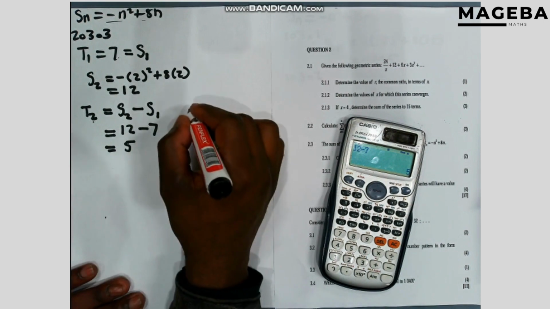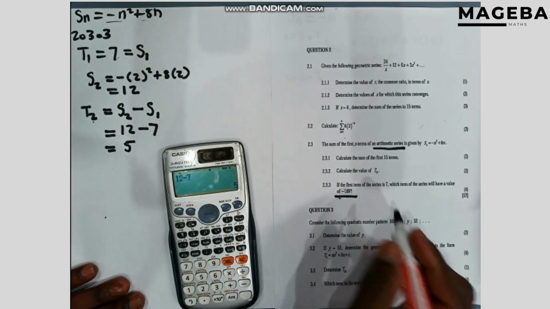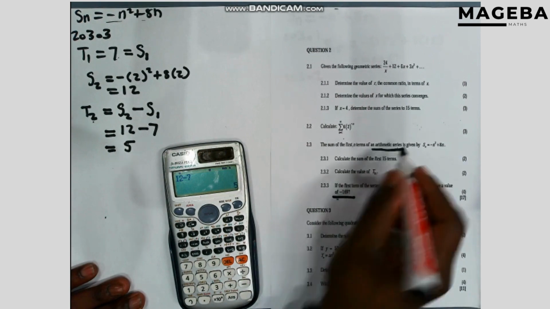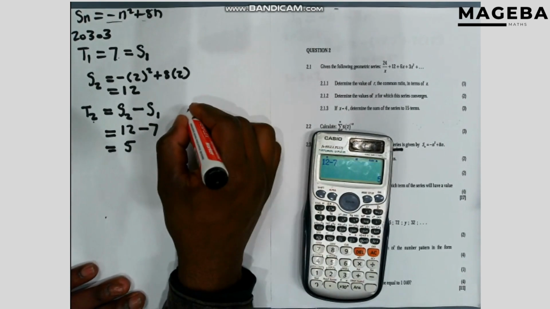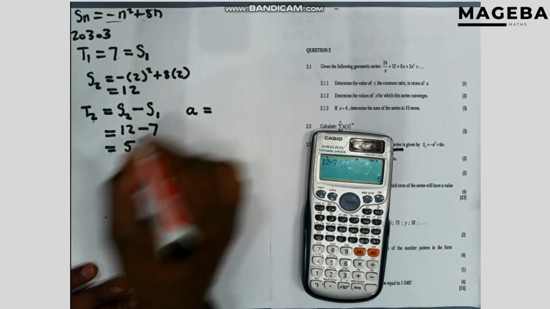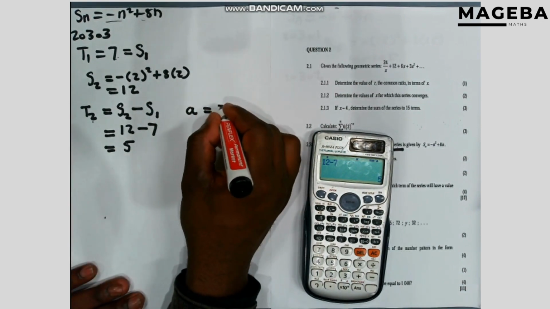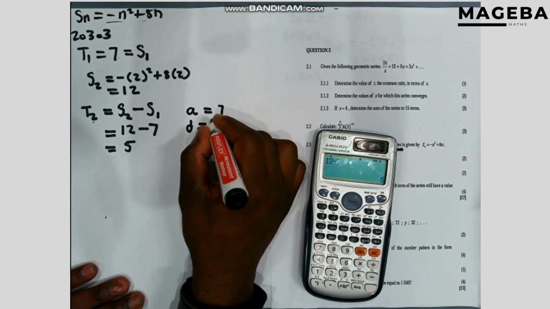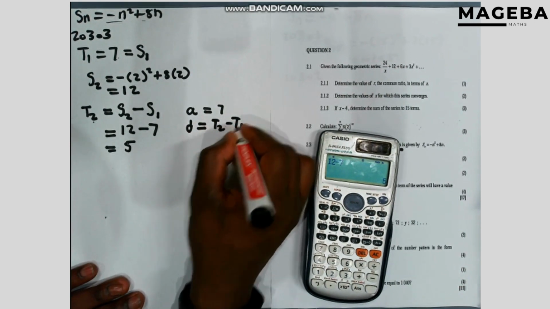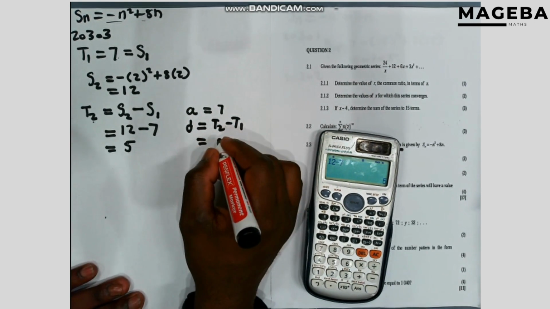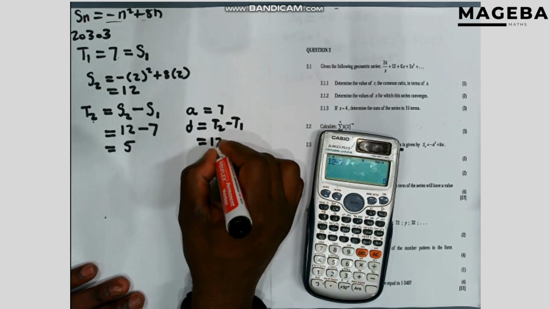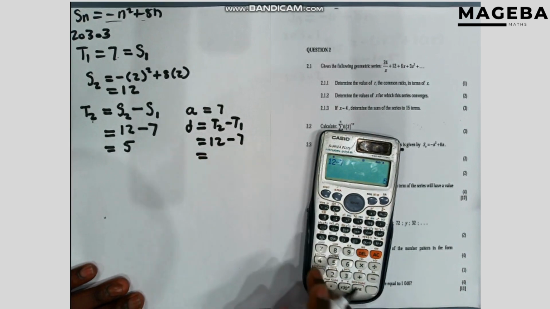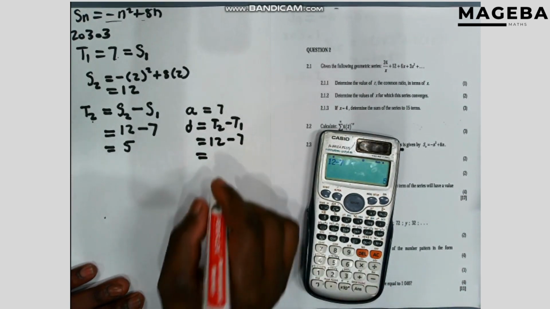Now remember, this is an arithmetic series. So for arithmetic, we need the first term, which is A, which is 7. We need D. How do you find D? D is T2 minus T1. What is T2?